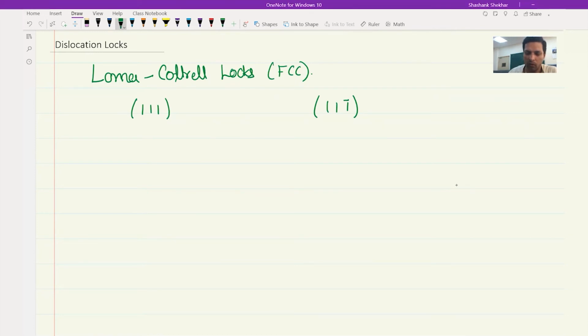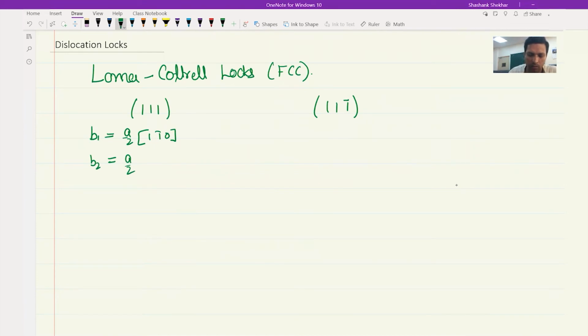So let's call B1 equal to a by 2, 1 bar 1 0, and of course the negative would also be a Burgers vector for this particular plane. If you remember the Thompson's tetrahedron, it has 3 directions, so there must be 3 Burgers vectors and the negatives.